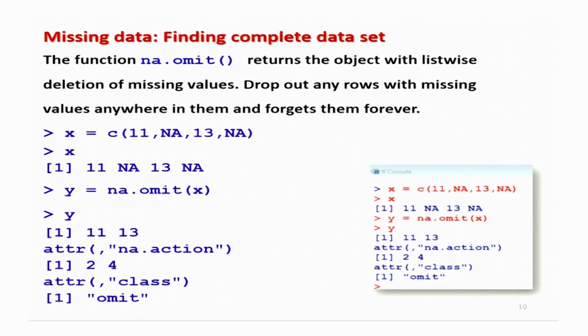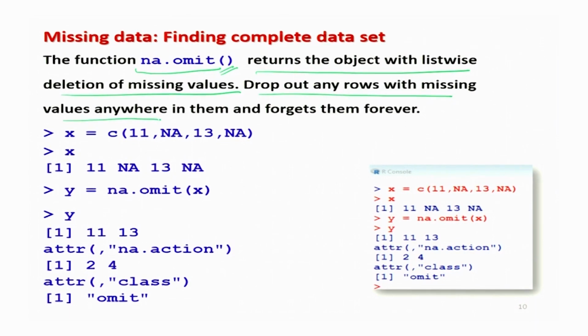So, in order to do such an operation, we have here a function na.omit, and within the parenthesis we give the data value, and this will return the object with listwise deletion of the missing values. So, what it does, it drops out any row which has got a missing value anywhere in the data set and then forgets about it forever.